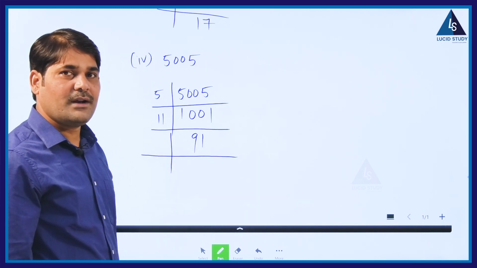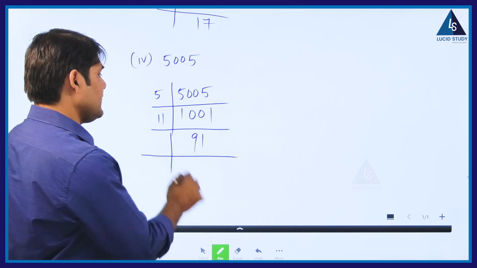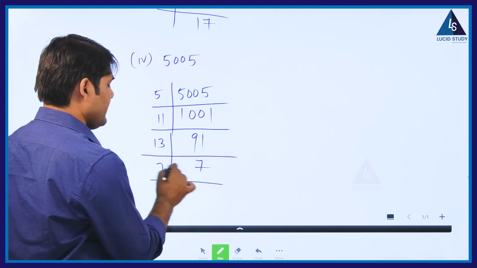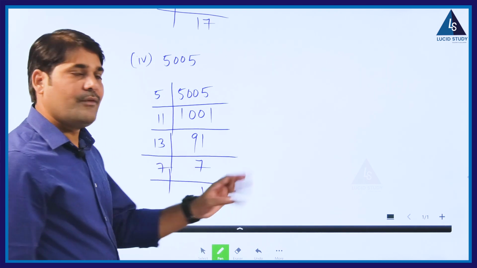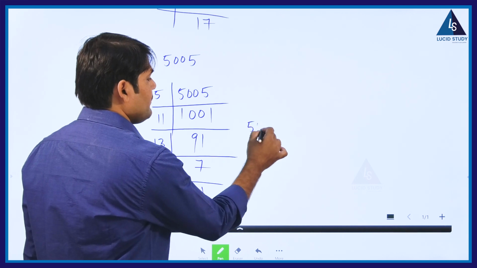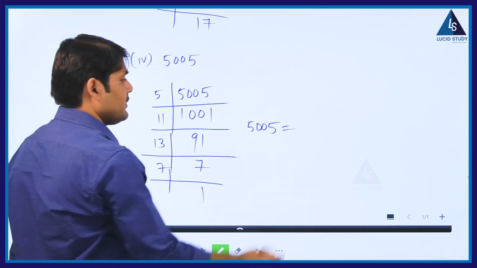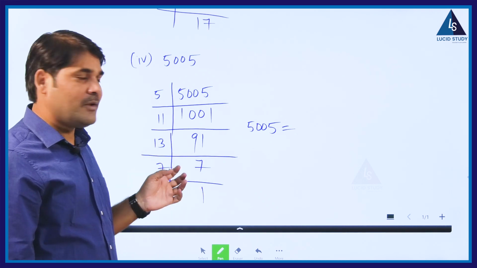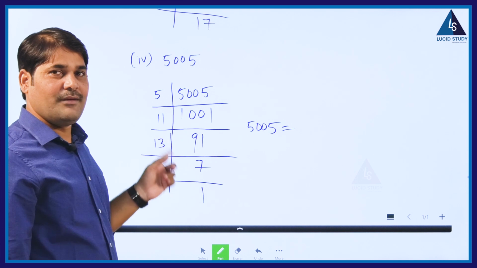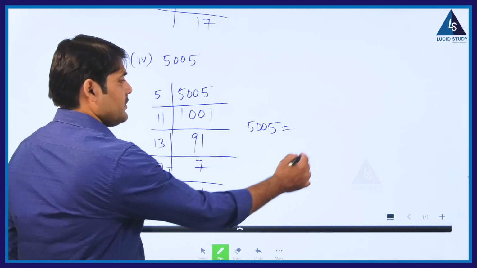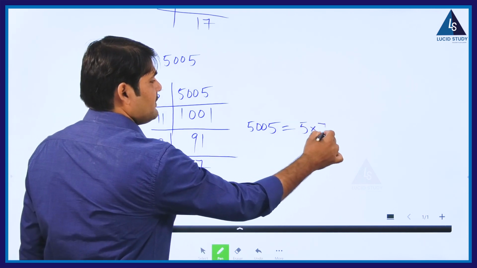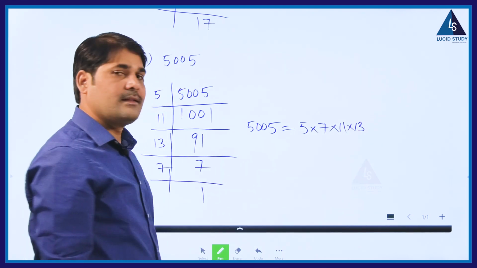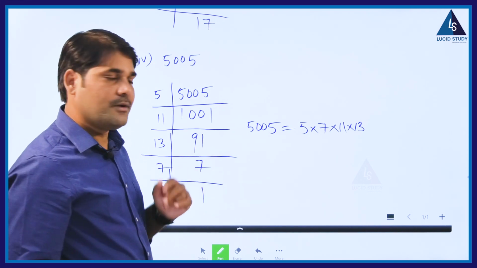Now 91 will be in which table? The 13 table: 13 7s are 91, and 7 table, 7 ones are 7. Now how can I represent 5005? I will write all these prime factors: 5, 7, 11, 13 in order. So 5005 is 5 into 7 into 11 into 13. So like this we can represent the number as prime factors.